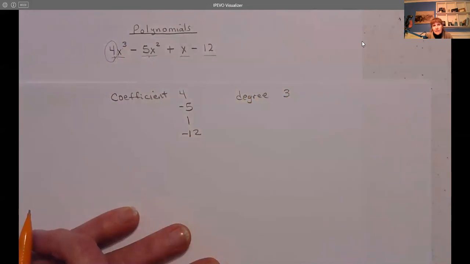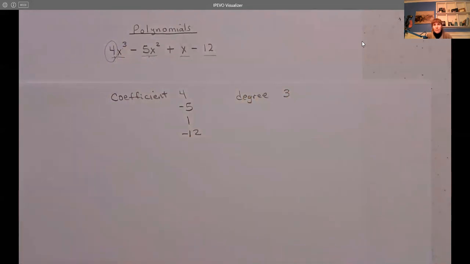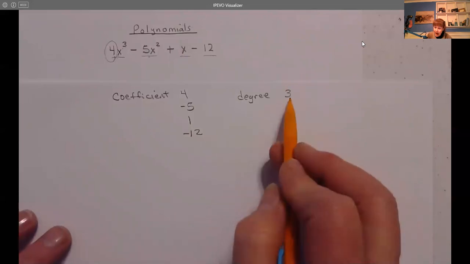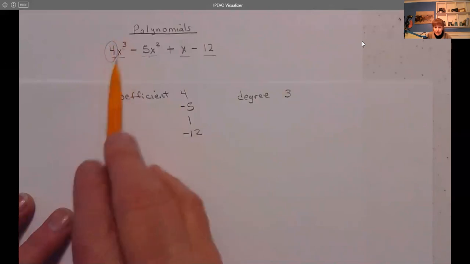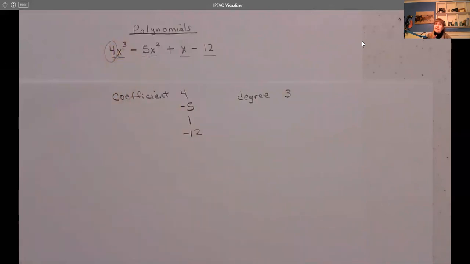And the degree has significance in the shape of the solutions when you graph them. What type of a curve is it, or is it linear? So this highest power has everything to do with the basic shape of the graph or of the solutions for that polynomial. So the degree is 3. We have our coefficients and the degree is 3.